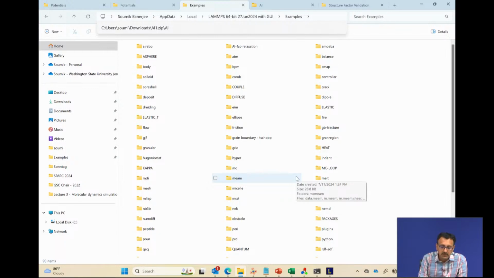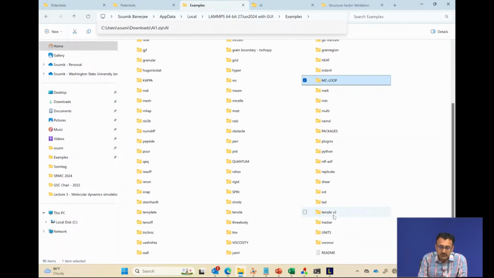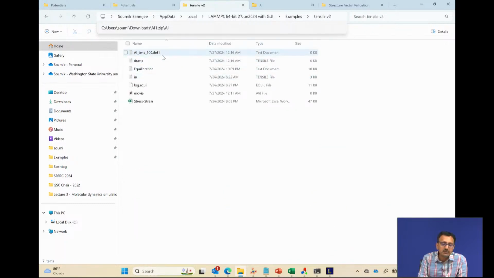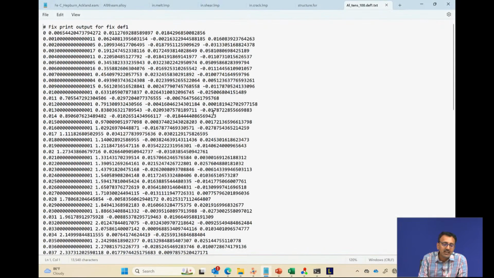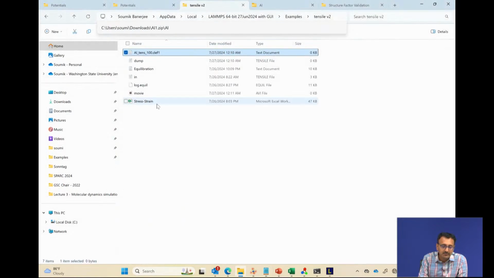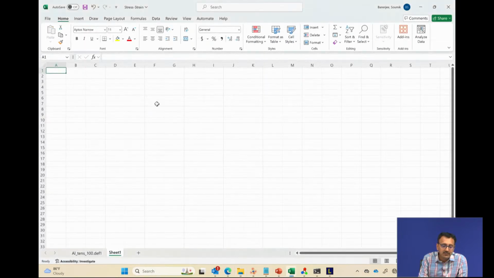Let's look at the folder, I believe, tensile version 2. So it generated this file, which has the stress-strain data, and to make it easier, I already plotted it with Excel. I just ran this one time before the lecture.